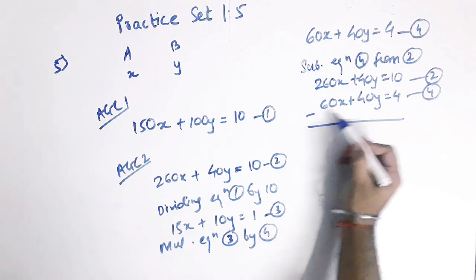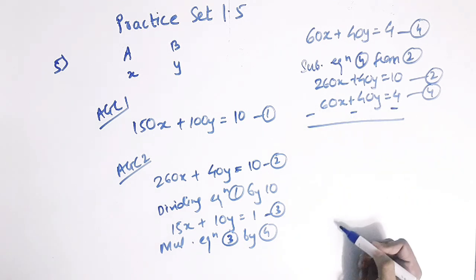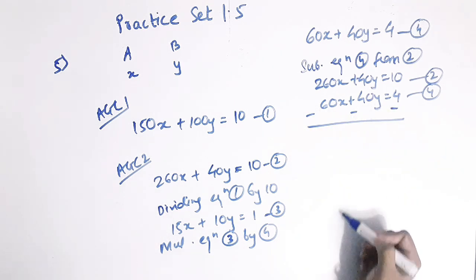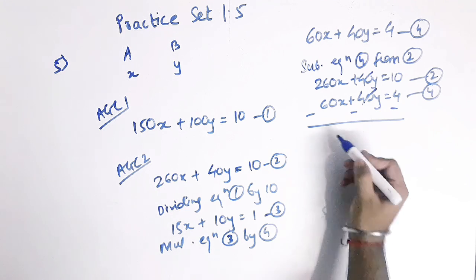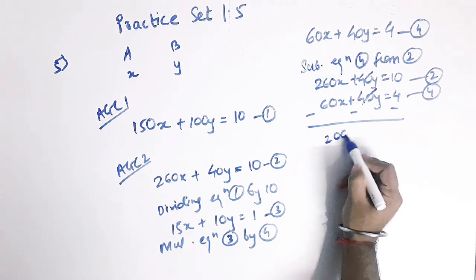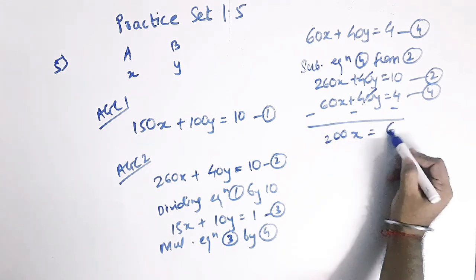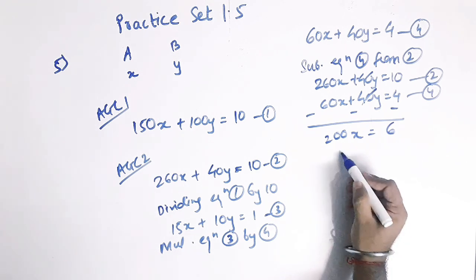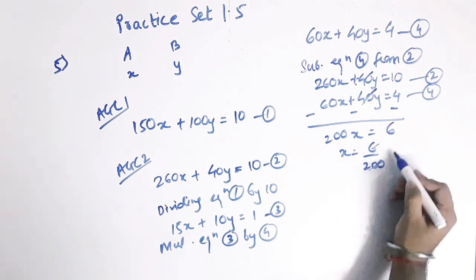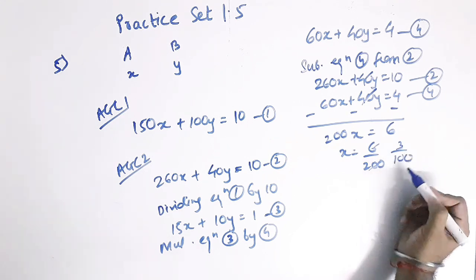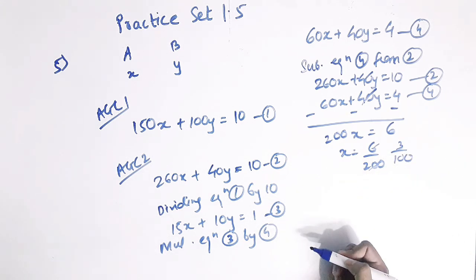Now minus, minus, minus. This will get cancelled. This is 10 minus 4, so 200x is equal to 6. That means x is equal to 6 by 200. If I cancel this by 2, this becomes 3 by 100.